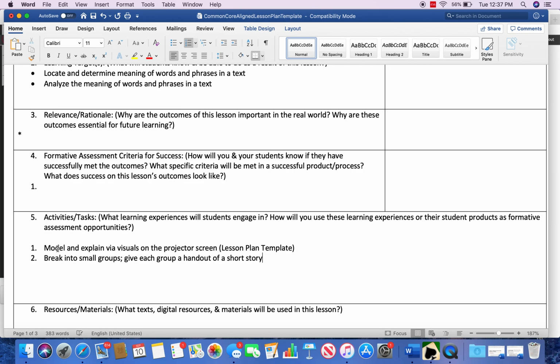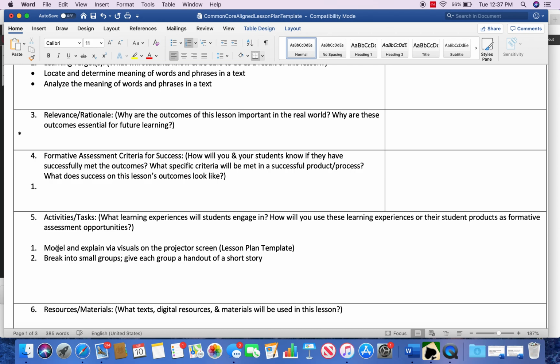If you were teaching the reading informational skill, instead of a handout of a short story, you might give them a book, a reading book. They each have their own reading book, and you assign them to read a certain paragraph. Maybe it's in your reading literature book, and you assign them this particular story in this textbook, and have them do this page through this page and pull out some key words.